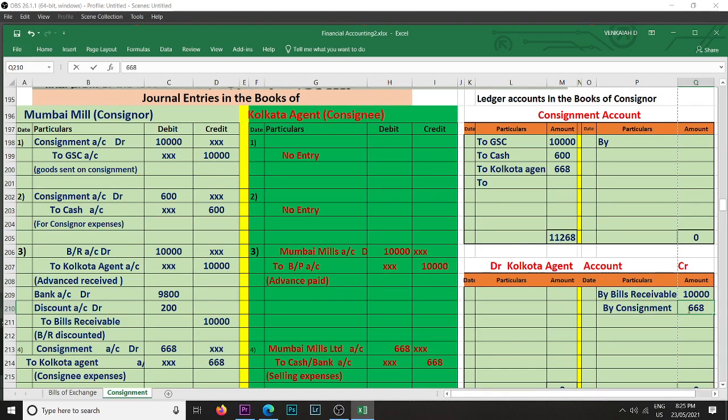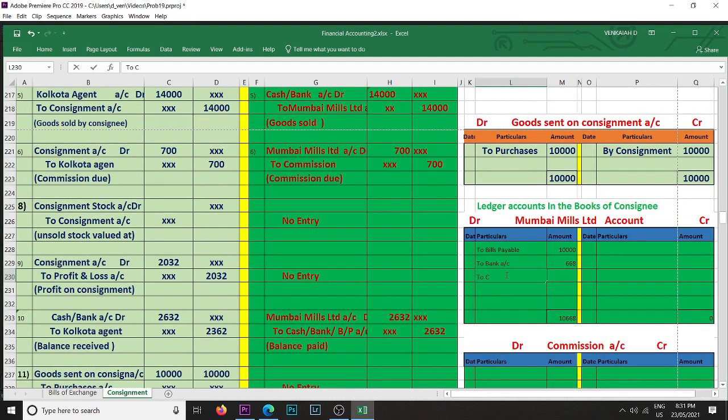To commission account, 700. To bank account, balance amount paid 263. And this amount is sales, by bank account. Amount is 14,000. Okay, it is tallied because it is the same balance amount from the consignee account in the books of consignor.